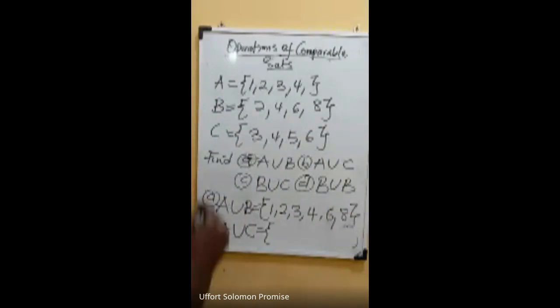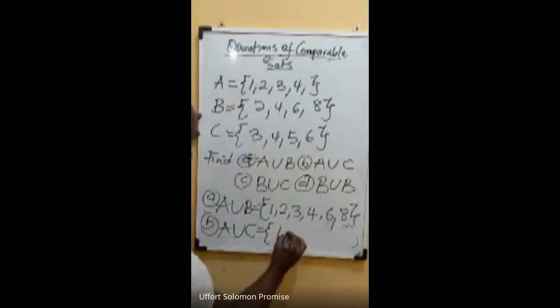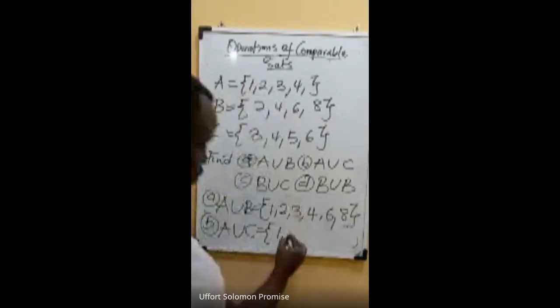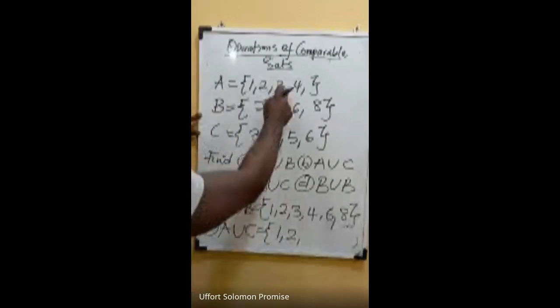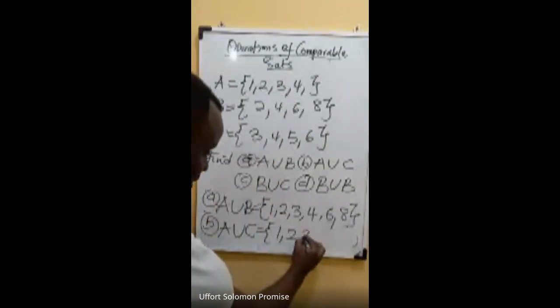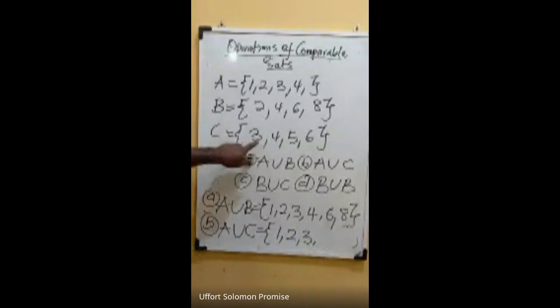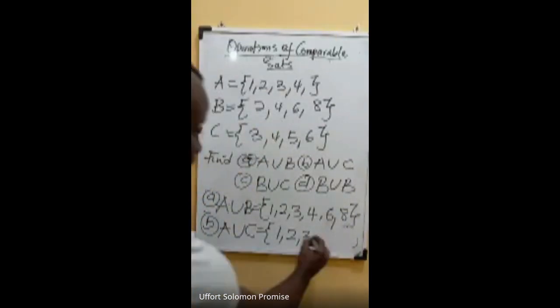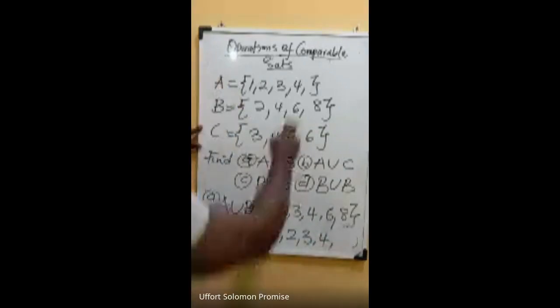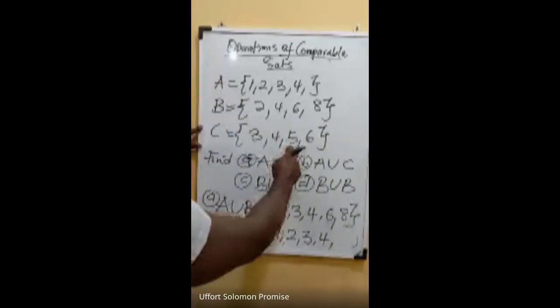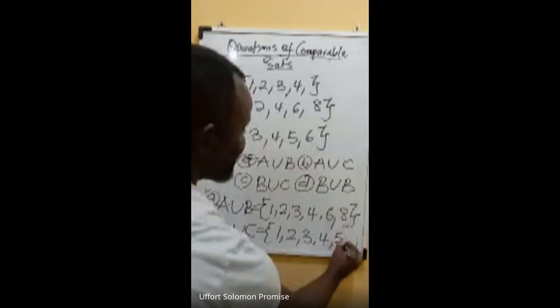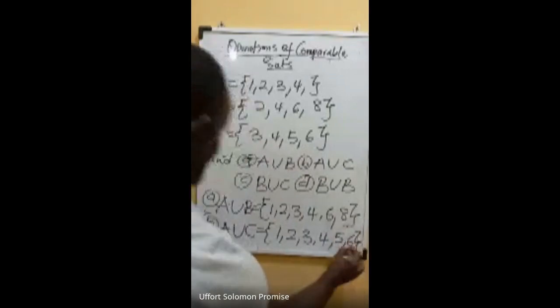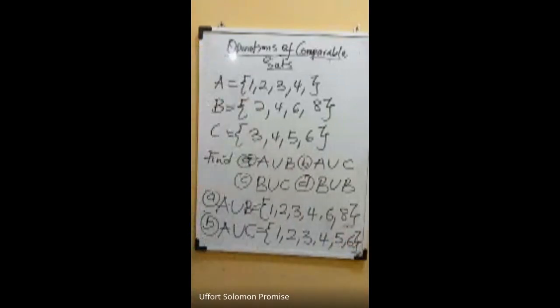We have 1, then 2 goes next. What repeats here is 3, 3 is here and 3 is here, so we take one 3. Then we have 4 here and 4 here, so we take one 4. Then next is 5 and 6. That is A union C.